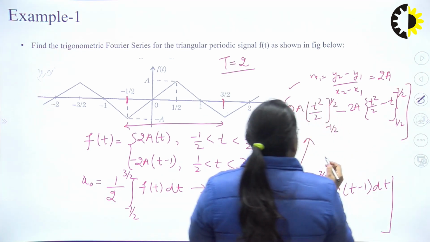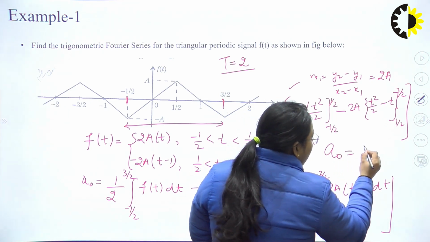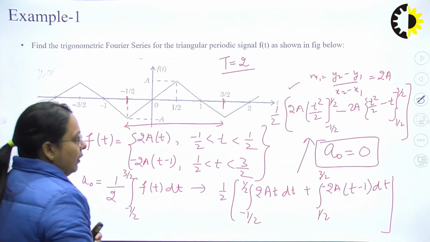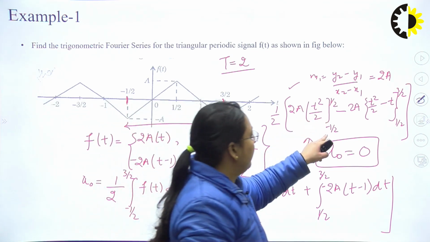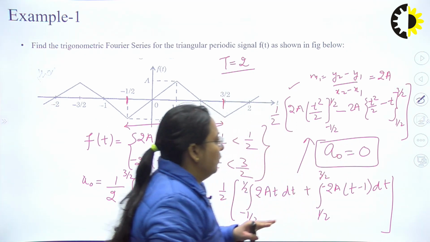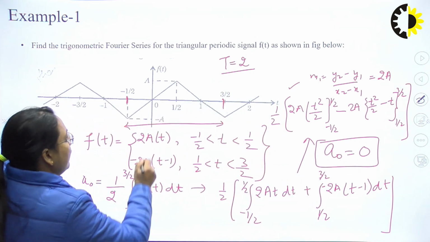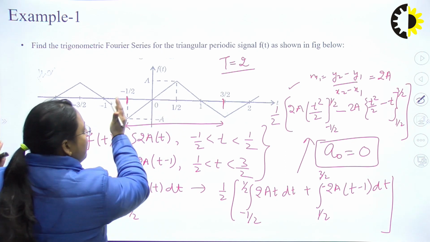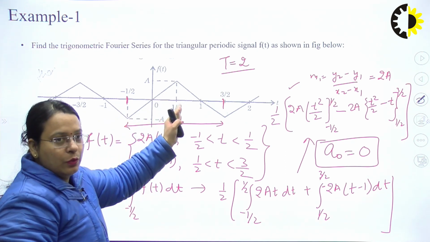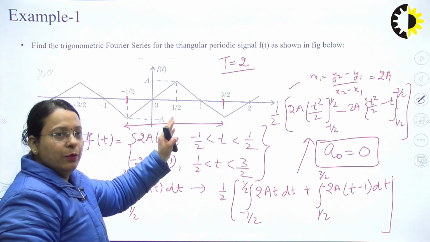Finally after solving, the value of a0 will come out to be 0. When I put these values 1/2 and -1/2, I get the value as 0. Since you can see that this waveform is antisymmetrical, so this is an odd function, a0 and ak will come out to be 0 in this case.